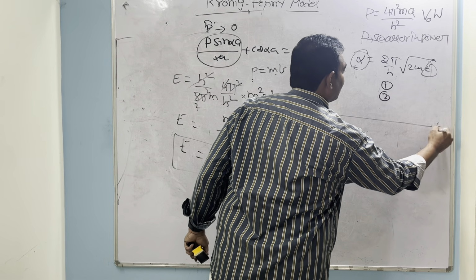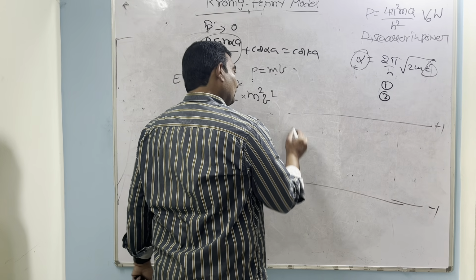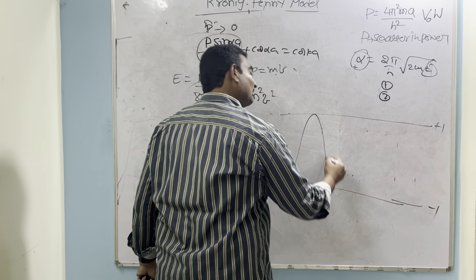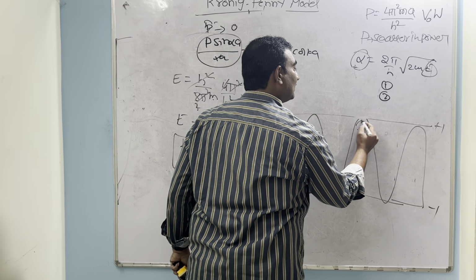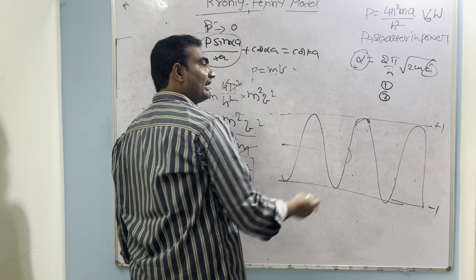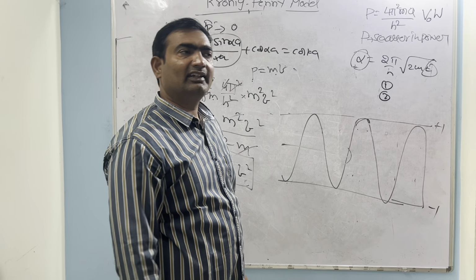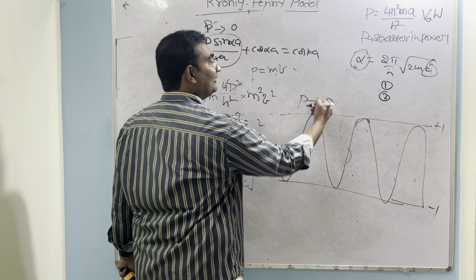For a free electron, the wave mechanical solution doesn't cross +1 and -1. All the values are in between +1 and -1, which means that the electron can have all possible values of energy. The electron can have any value of energy if P tends to 0.